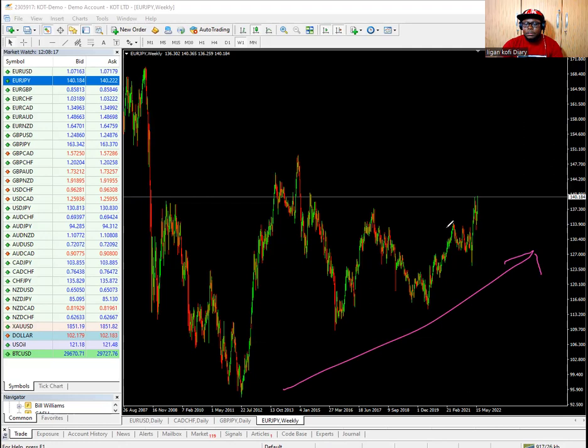It broke through this resistance, came back down to test it, and currently it's on its way up. I see the whole of this resistance with this one as part of it. The level is not that wide, so we expect to see another upward movement.